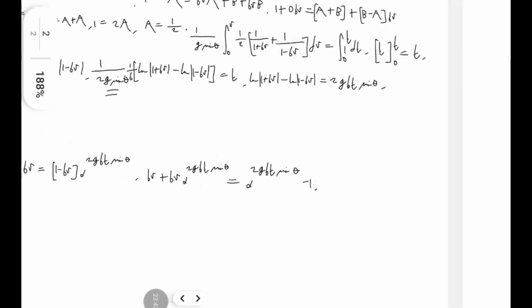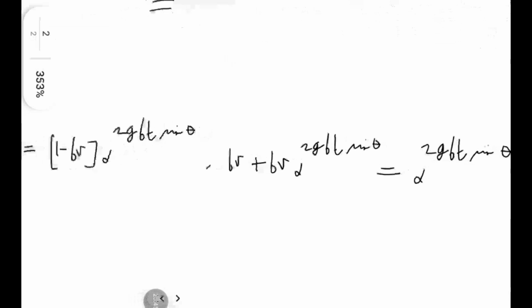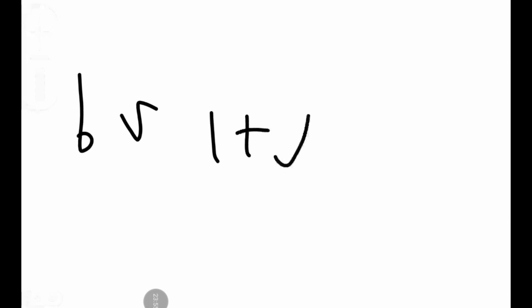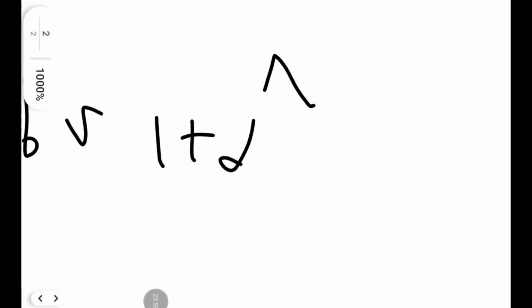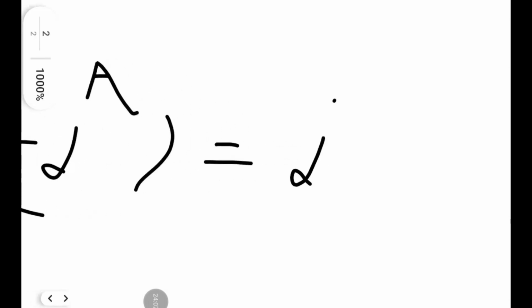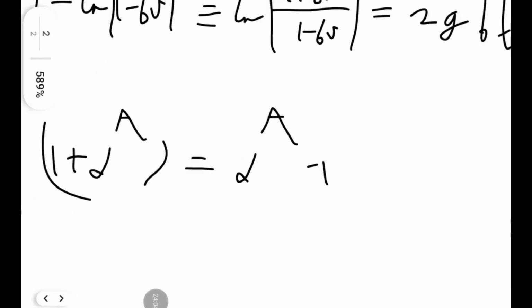And then a very simple step we can do now is simply take out a factor of bv, like this: 1 plus e to the power of a. We'll call it e to the power of a to simplify it, as it's overcomplicated right now, equals e to the power of a minus 1.